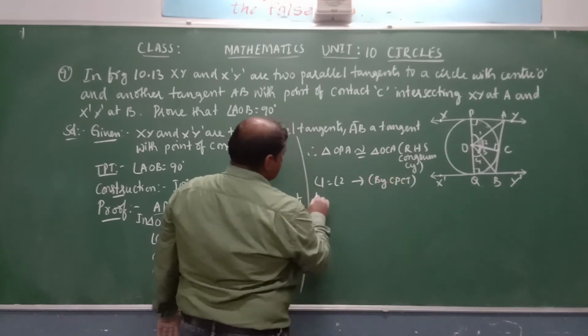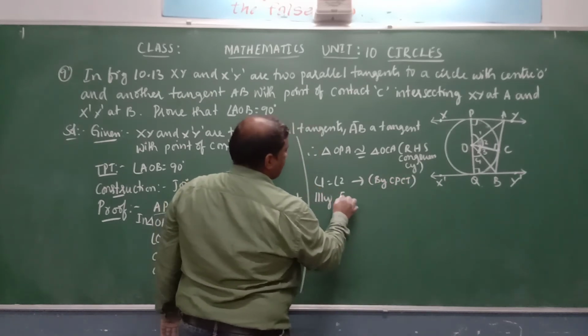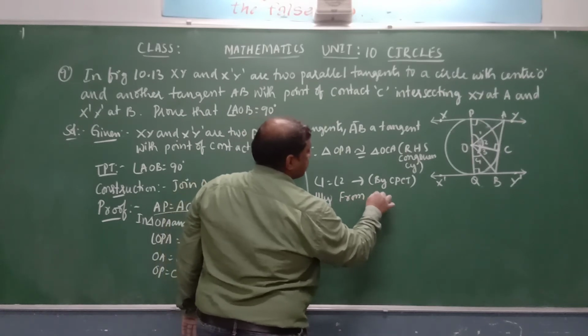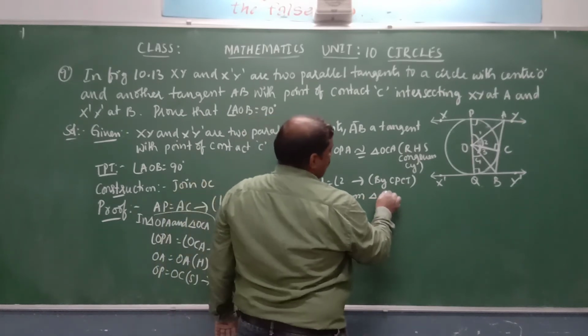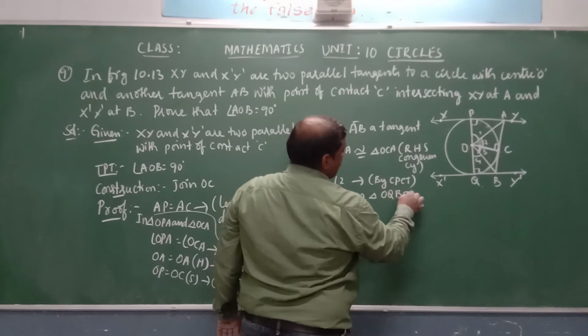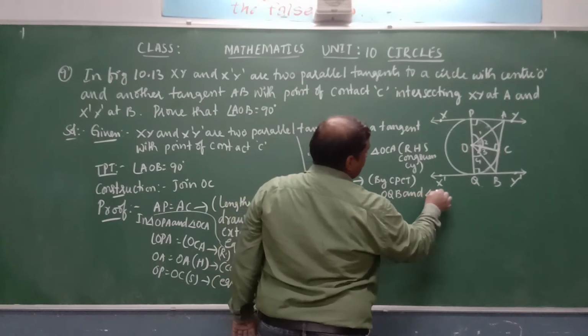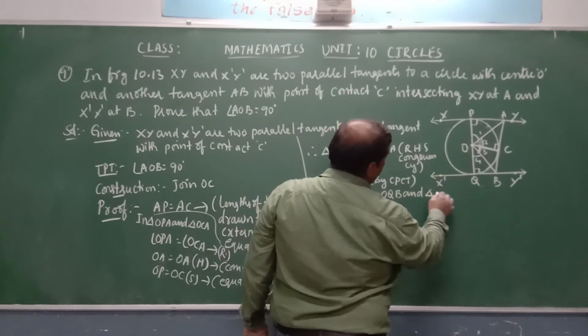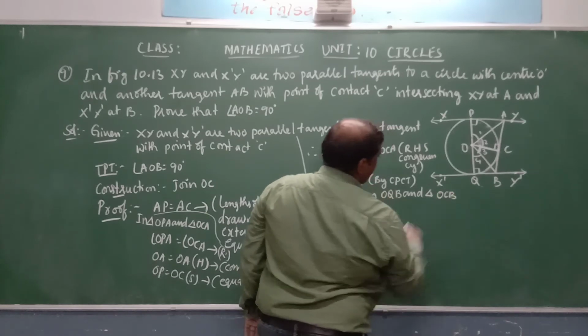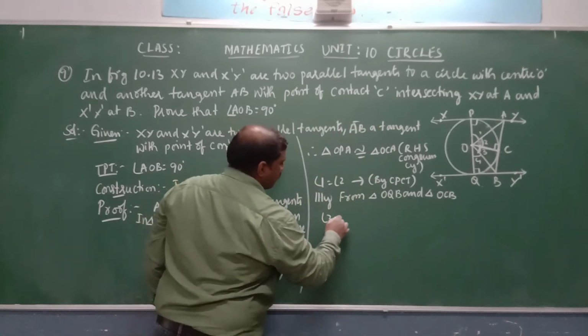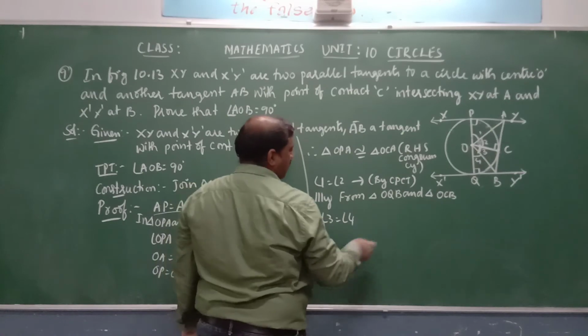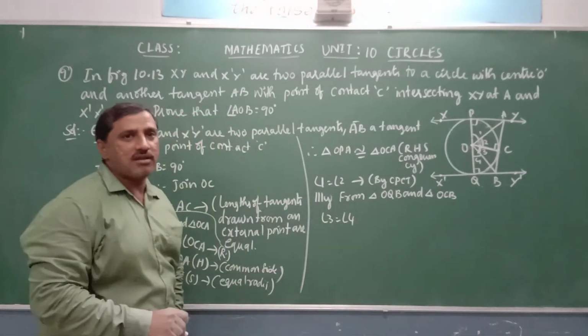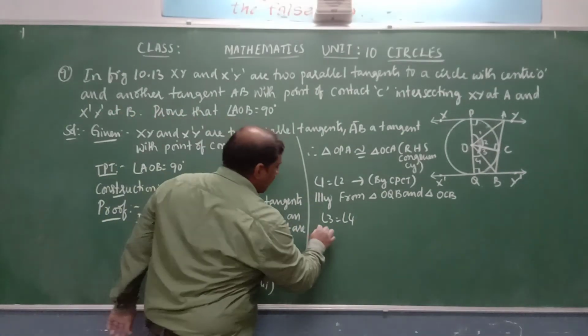Similarly, from triangle OQB and triangle OCB, angle 3 is equal to angle 4.